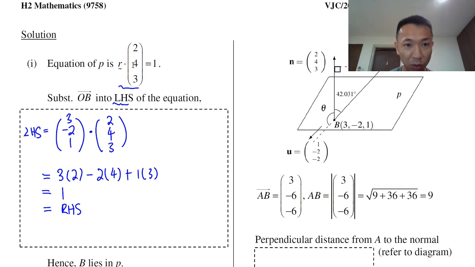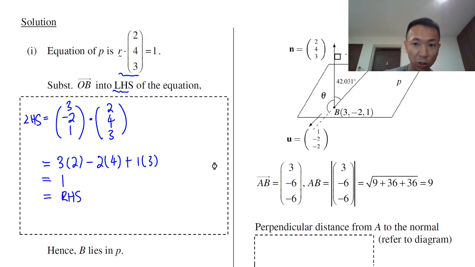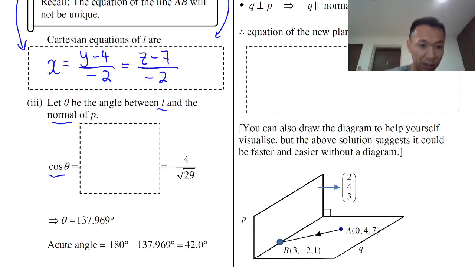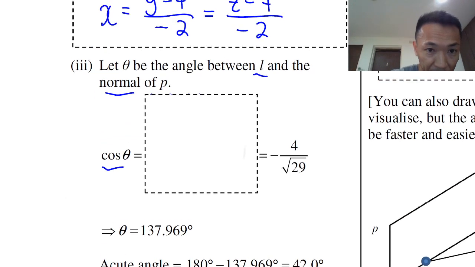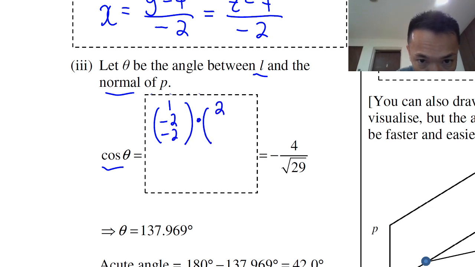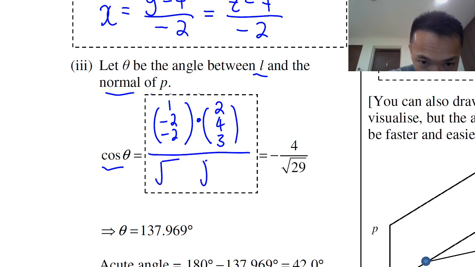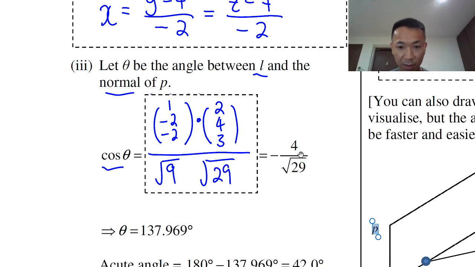This is the equation of P. 2, 4, 3 is the normal of P. So, therefore, cosine theta is 1 minus 2 minus 2 dot 2, 4, 3 divided by the magnitude, and in this case magnitude is root 9 and root 29. Yep, then you simplify, you get this. You get minus 4 over square root 29.